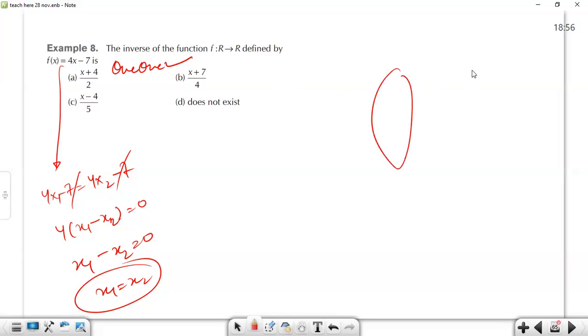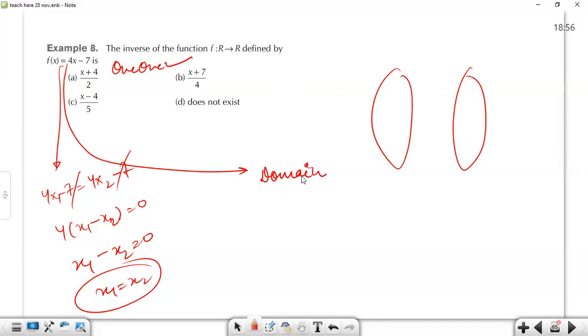So it's a function from real numbers to real numbers, and for checking onto, we can check where this function will be defined. For the domain, this function is unrestricted.